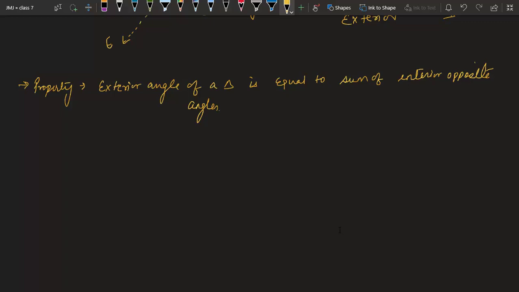This is a property of exterior angles which is exterior angle of a triangle is equal to sum of interior opposite angles.